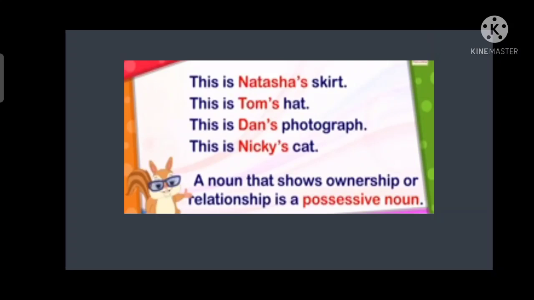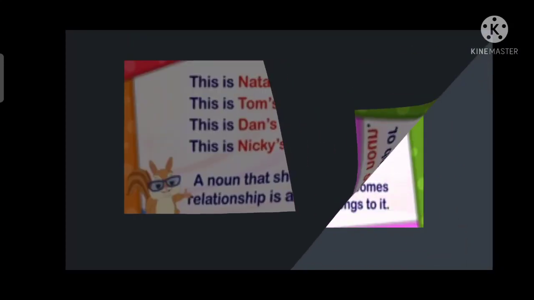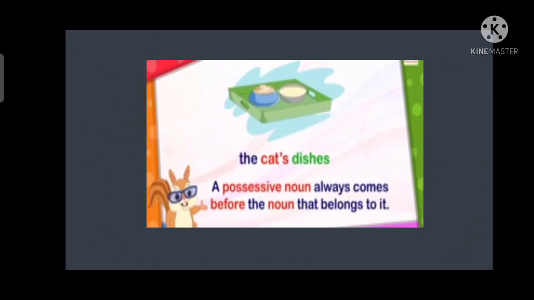Now I hope that this possessive noun is clear to you. Now you can see another example: the cat's dishes. The possessive noun always comes before the noun that belongs to it. Before the noun, meaning before dishes.